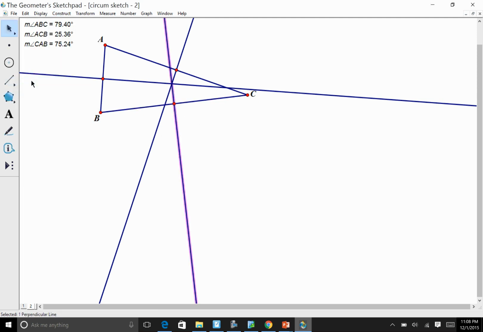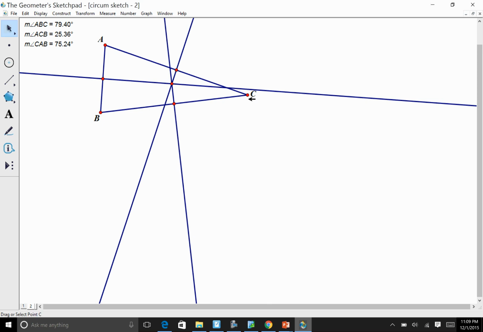Now notice that all of these three lines intersect, and I'm actually going to find the intersection here. So with me constructing it, that point's always going to be there. So right now I've got an acute triangle, and you can see that my circumcenter is inside.